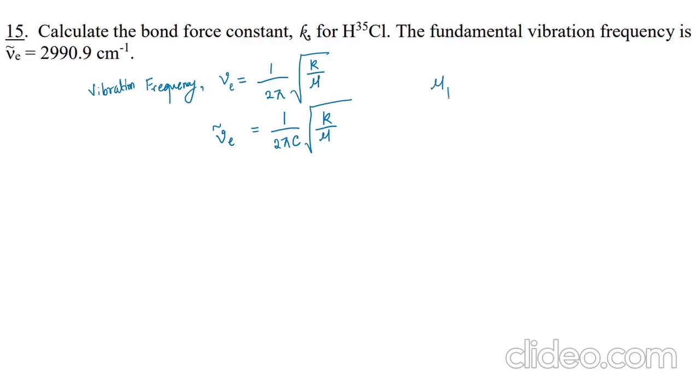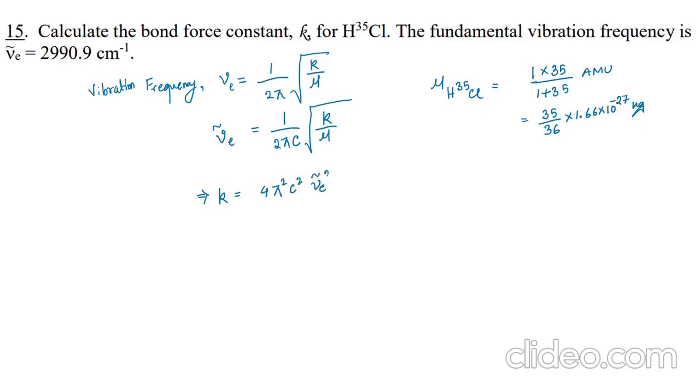What is the reduced mass for H35Cl? We will take 1 into 35 by 1 plus 35, so mu is 35 by 36, and we'll convert it to kg. From here, kappa is going to come as 4 pi square c square nu bar square into mu.